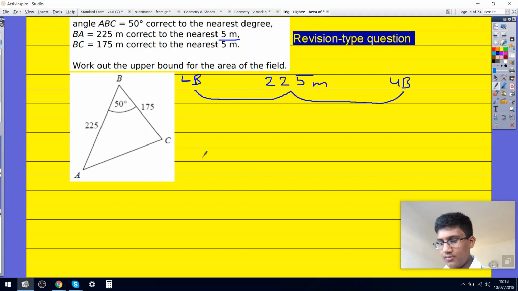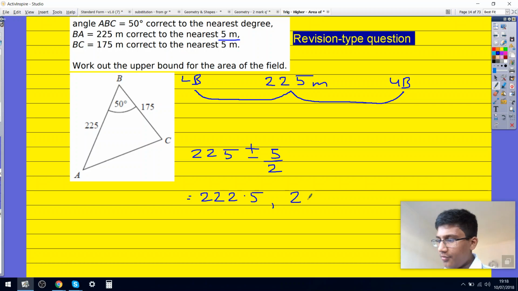And you add that and subtract that. So half the degree of accuracy. So in this case, it's like 225 plus or minus 5 divided by 2. So we'd have 227.5 and 222.5 in this case, for the upper and lower bounds.